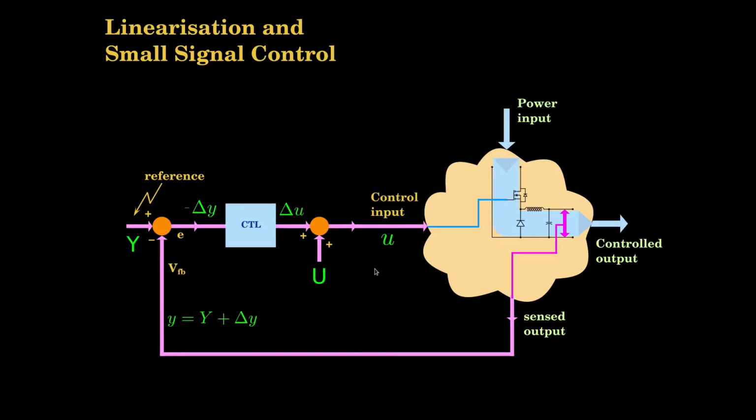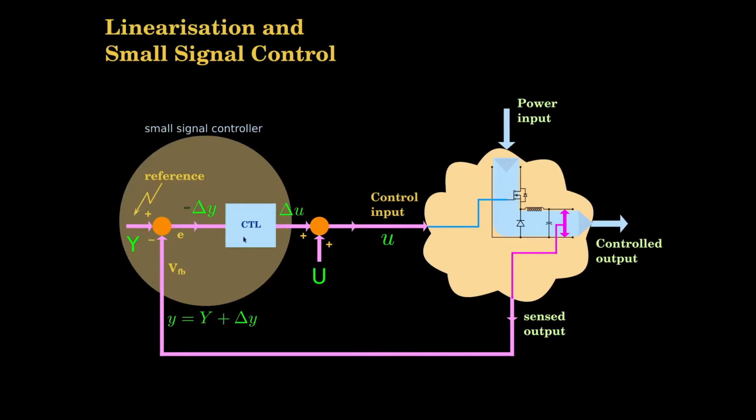This is basically the setup that we would use even in the state space approach, and this is called the small signal controller.